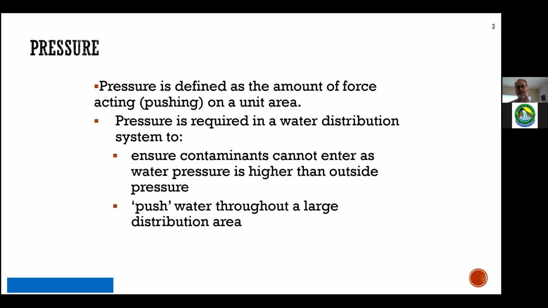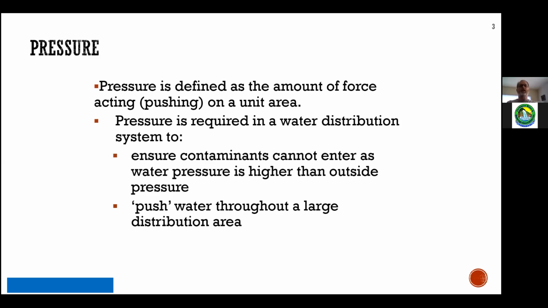And you think about it, even when a pipe cracks or has a pinhole due to corrosion, as long as water is being forced out, contaminants can't get in. Now, we don't want cracks in the pipe. That's a lot of waste and cost to a utility to repair it.